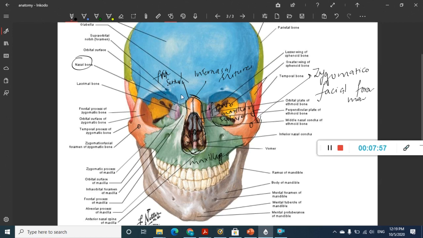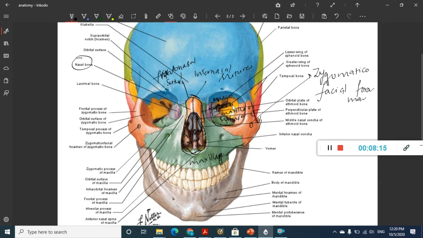These nasal bones are joined to the frontal bone by the frontonasal suture, whereas these nasal bones are joined to the maxilla by the nasomaxillary suture. Sorry, I'm really sorry for the confusion. So these are important things which you have to learn here.